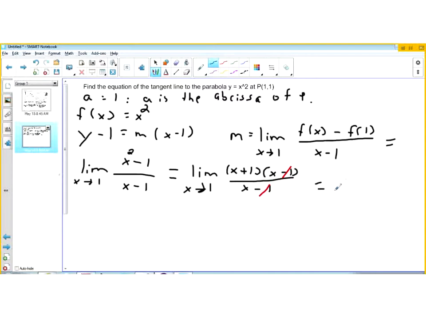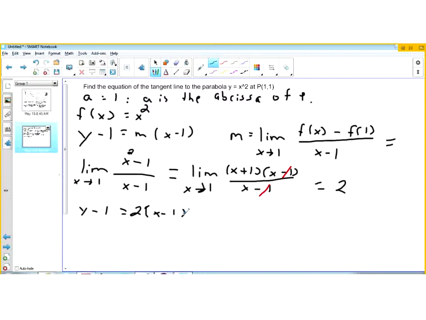And once we get a cancellation, we're left with a polynomial, and then we can use direct substitution. And after direct substitution, that's 2. So therefore, you readily get the equation of the tangent line to the parabola at the point (1, 1), which is this. Okay, and so that's a lot less work than having to build a function table.